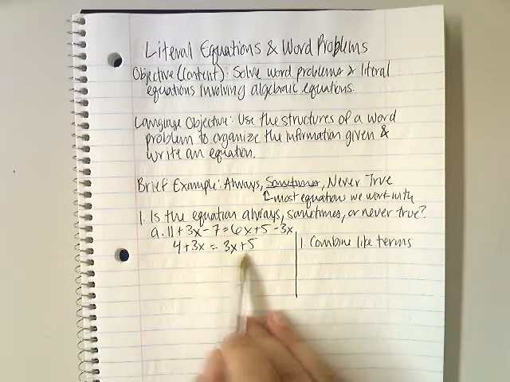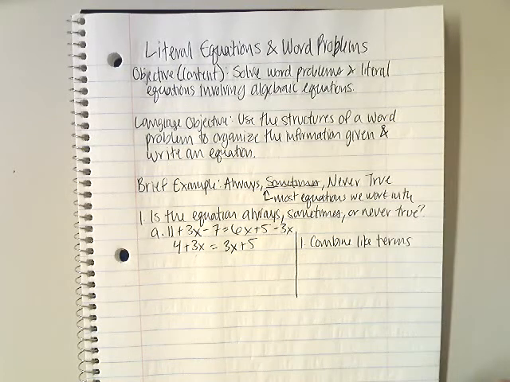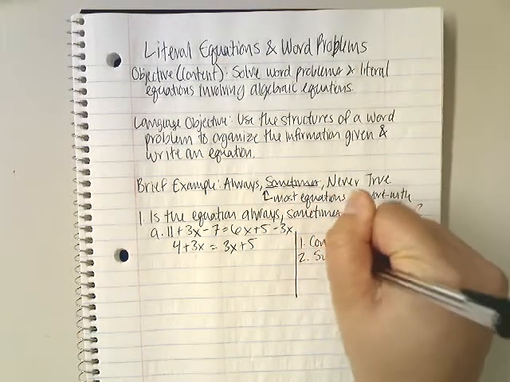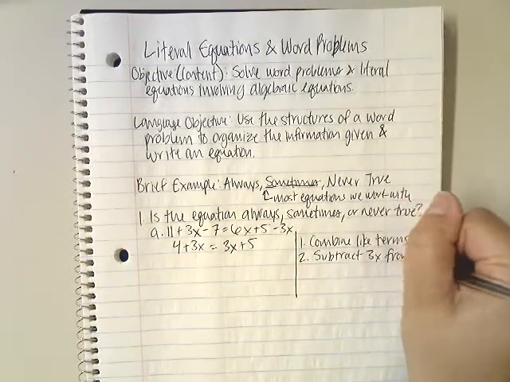Now, at this point, you might already be able to tell that this can't be true. So 4 plus 3x can't equal 3x plus 5. That doesn't make sense, but just so it's super clear, we're going to subtract 3x from both sides.